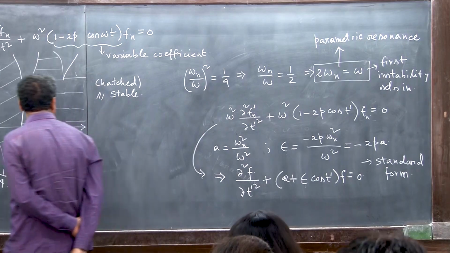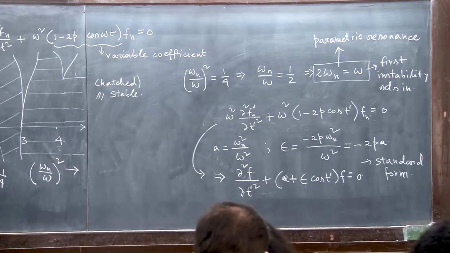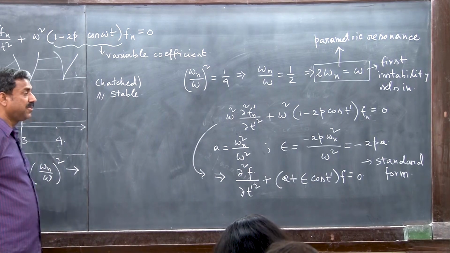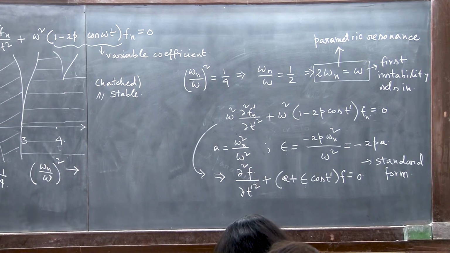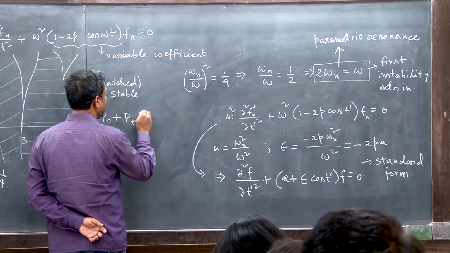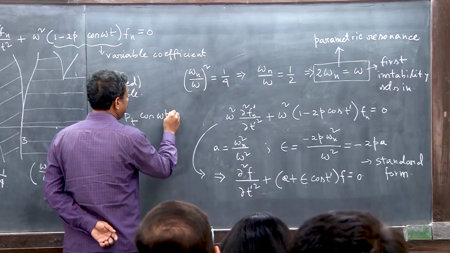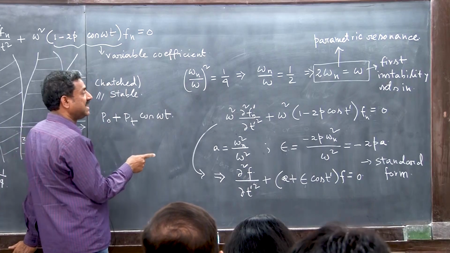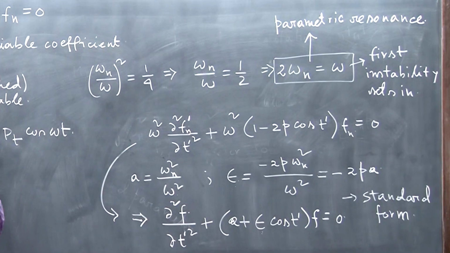But what is important to note here, you see that under this condition, because we have assumed the axial force to be P0 plus Pt cosine of omega t, even under that, what do you see?